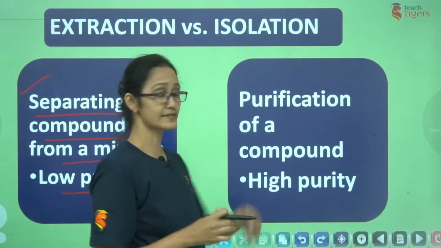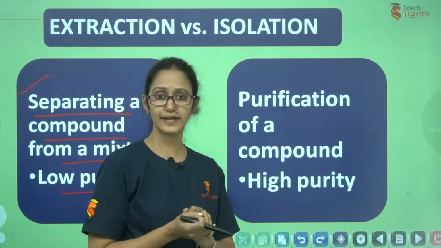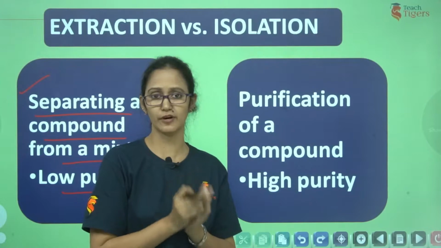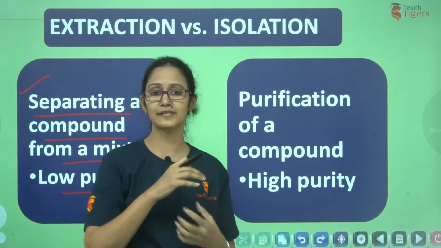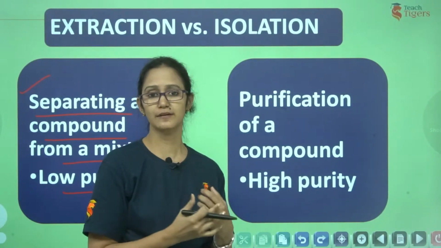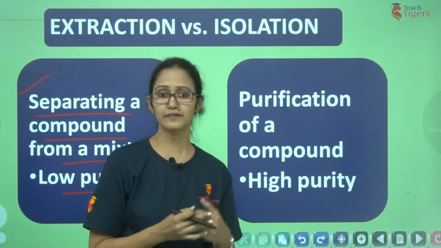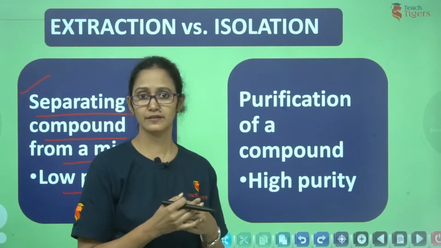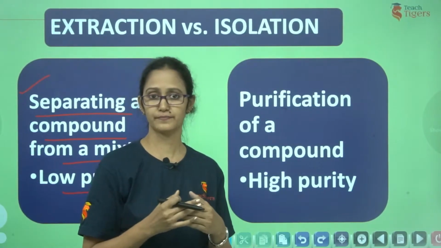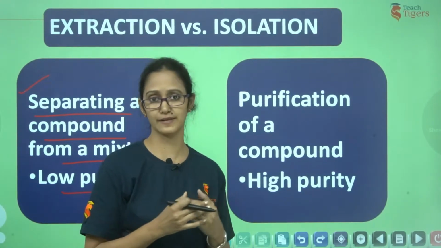Extraction means you are pulling out something, right? And that particular compound is not essentially in its purest form. It can also contain some other compounds along with it which are quite similar in their size and other properties. So whenever we use the term extraction, the compound which is extracted is not necessarily pure. It can have other compounds as well.